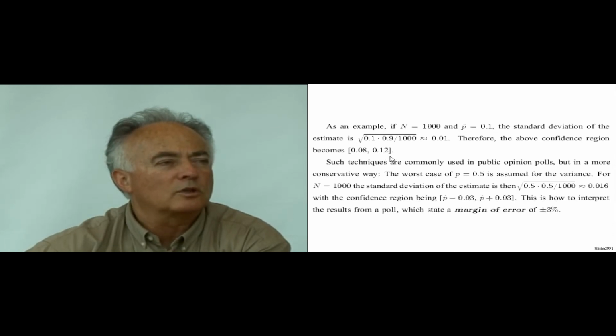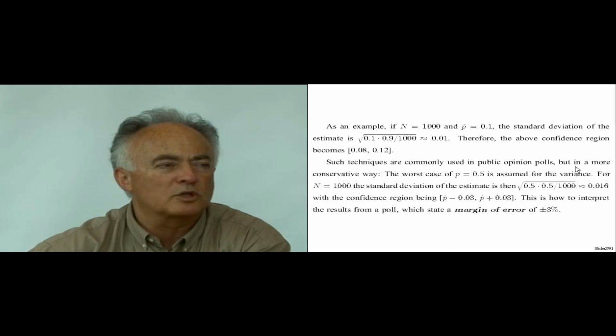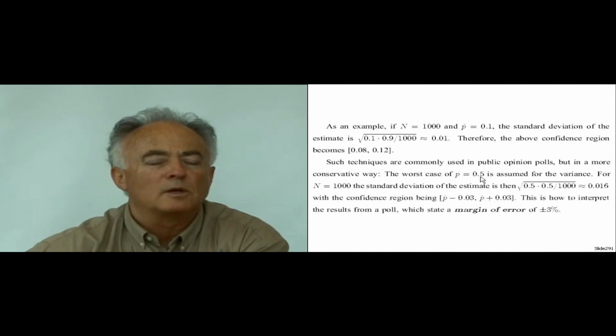Now, to connect it to things you can read in the newspapers quite often, such techniques are commonly used in public opinion polls, but in a more conservative way. What they do is they assume that p is 0.5 because this gives the largest variance. If you look at the expression, p times 1 minus p peaks at p equal to 0.5.